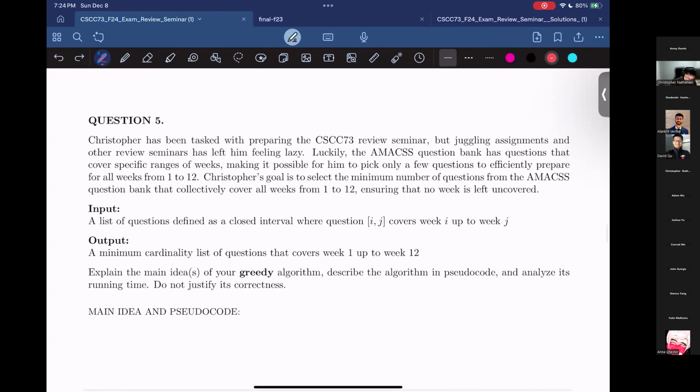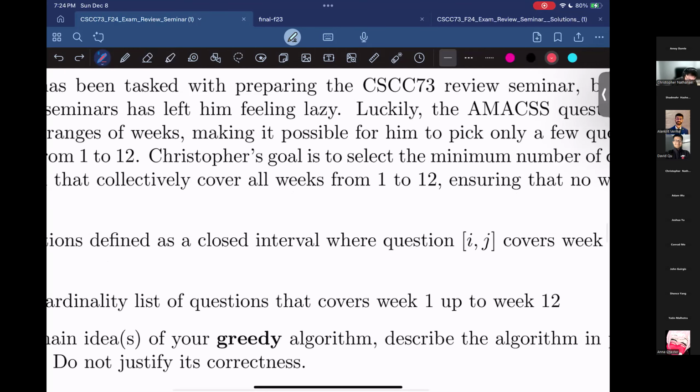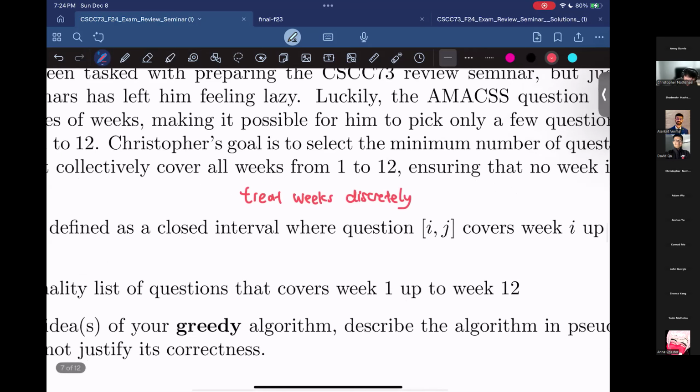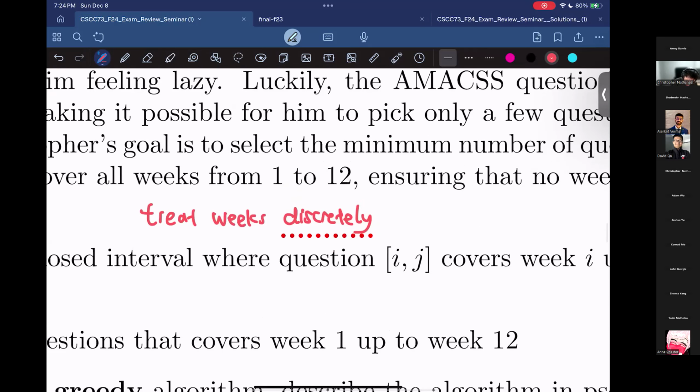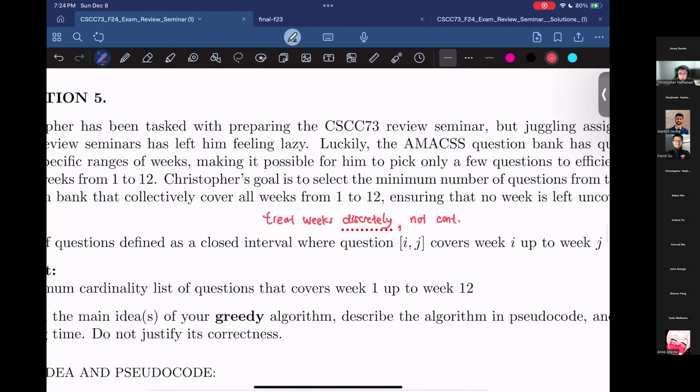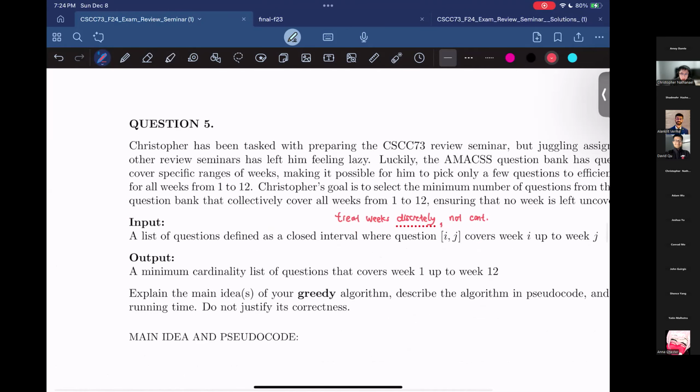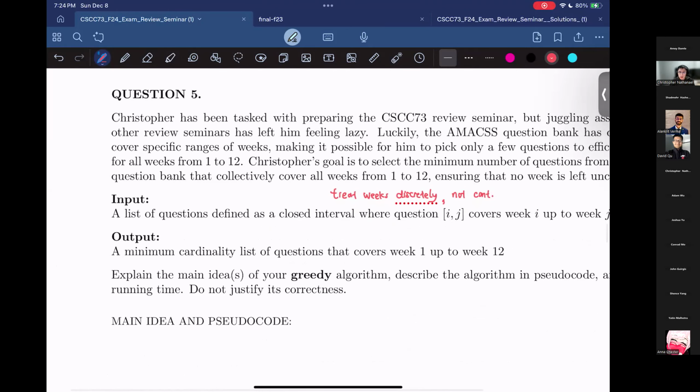So the question should have been more clear. We treat weeks discretely, not continuous. Okay. Someone has some intuition to sort by size.